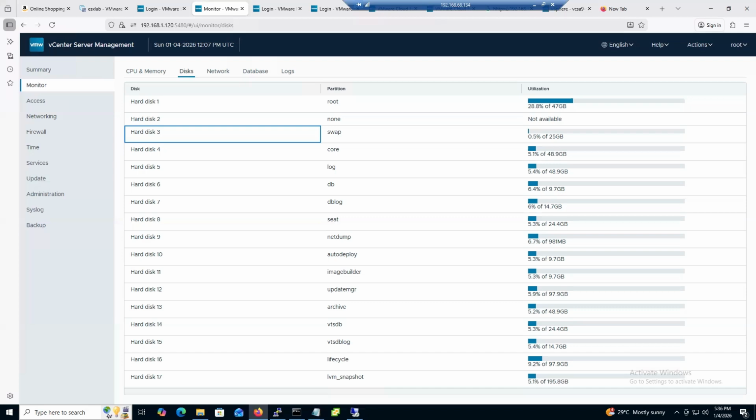So let's understand this swap partition with some commands. Let me go into that vCenter. Last we stopped with this option, right? There is a command called swapon --show.